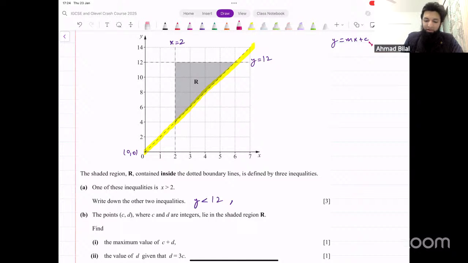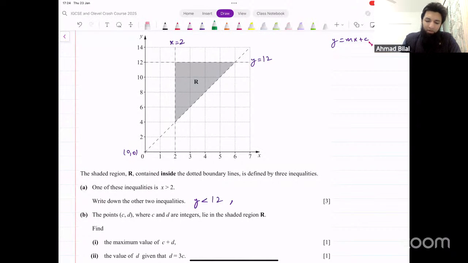What about the gradient? We can take any two points on this line to find the gradient. Generally, when we draw lines ourselves, we prefer taking points that are further apart from each other so that the gradient that we get is more accurate. In this case, they have already given us the line themselves, which is fairly accurate.